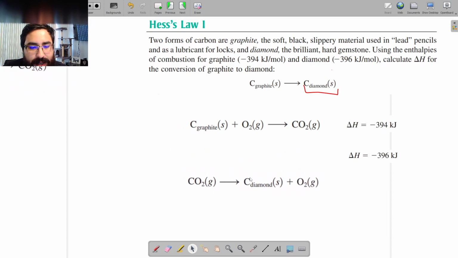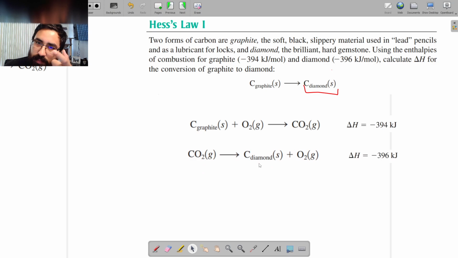But whenever you flip a reaction, you change the sign of the delta H. You have to multiply this by a -1. And I'm going to go ahead and do that. Multiply it by -1, which makes it 396 kilojoules positive. A positive kJ. All right.